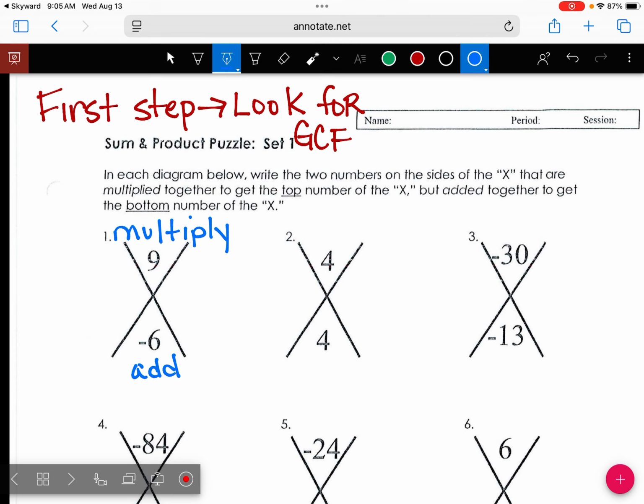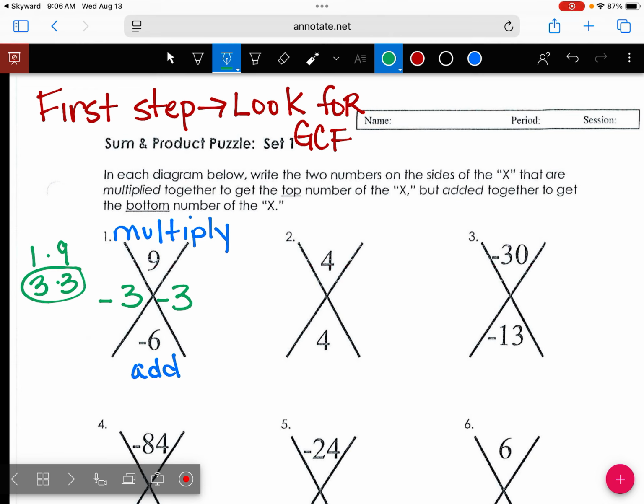So I know that if I'm trying to get 9, I can only multiply 1 times 9 or 3 times 3. But which one of those pairs would add to be 6? 3 times 3. And in order for me to get a positive on the top, they would both have to be negative. So that would be my numbers, -3 and -3.